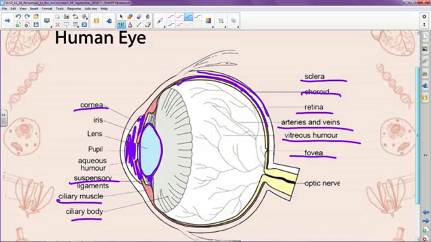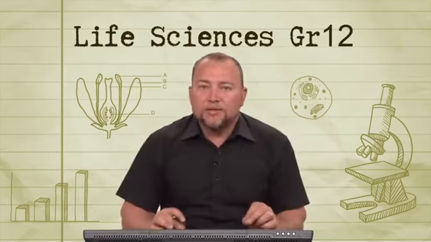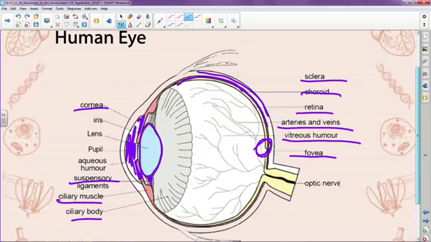You're going to get your fovea, which is a very, very important place. That is the spot that you want. Any image that you want has got to be found at the fovea. That is the be-all and end-all spot. If you want something in focus and to see clearly, you want it to be focused on that fovea spot over there.